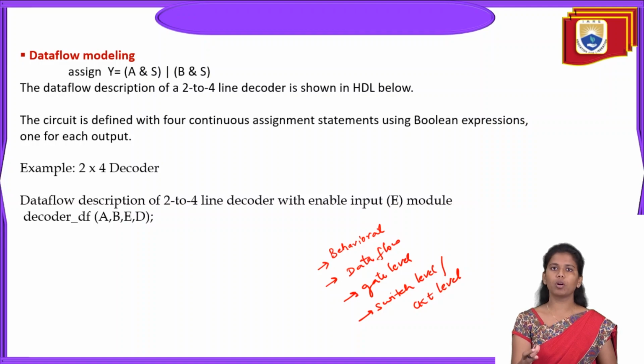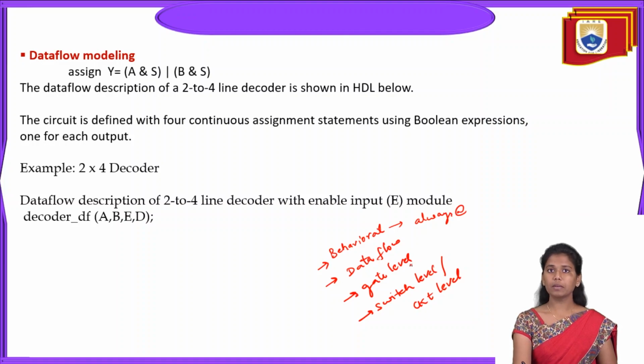Out of these 4 modeling styles, each and every modeling style has some specifications. That means in terms of coding, we need to specify some keywords. For example, if you want to write your code in behavioral modeling, remember that in behavioral modeling, always is the basic keyword where you need to mention, right?